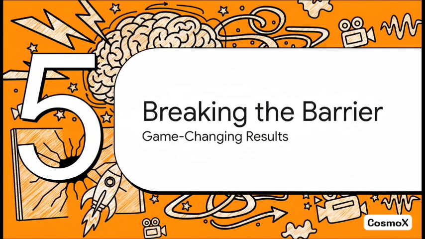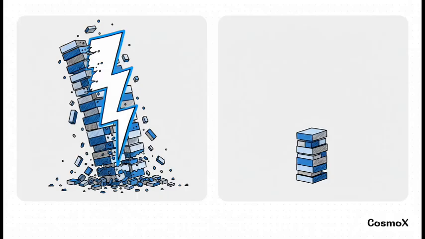So, the big question, does all this smart compression stuff actually work? Let me tell you, the results are not just a little better, they're a total game changer. Okay, so remember that insane 34 gigabyte memory footprint for just a 5-second video? With QVG, that gets slashed down to just 5 gigabytes. That's a reduction of almost 7 times. It's a huge deal.